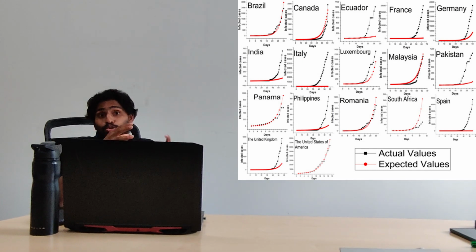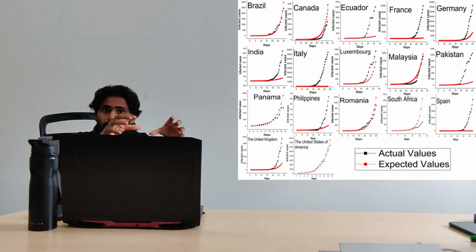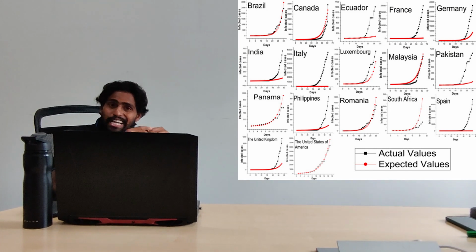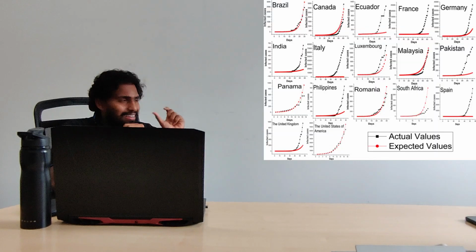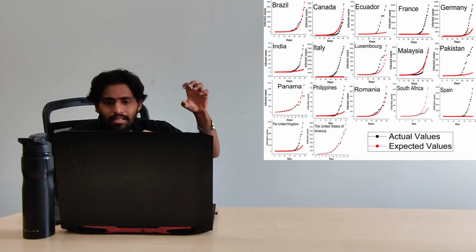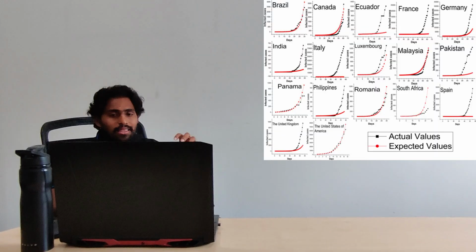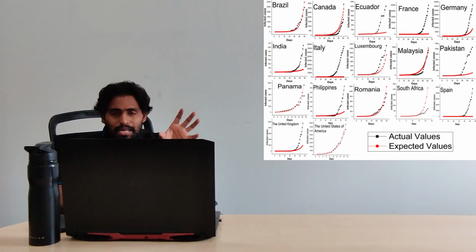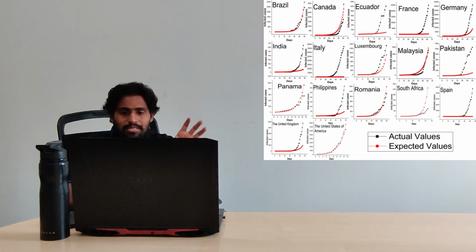There, they wanted to model this infection rate using an exponentiation function. The red circles are expected values, and the black square boxes are actual values.